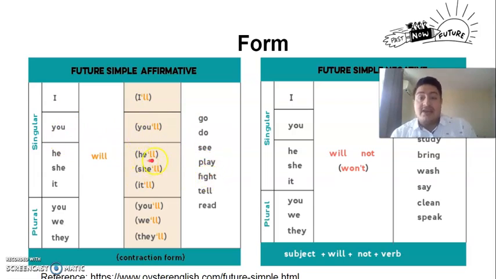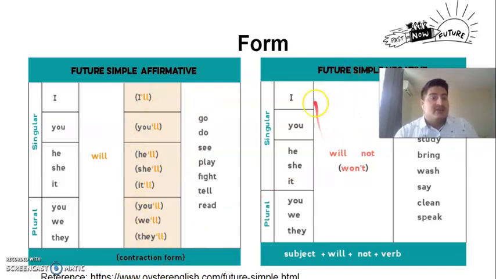So there you have he'll, she'll, it'll, you'll, we'll, they'll, and the base form, of course. The contraction form is more informal than the full form, which is more formal. Okay, and it is for spoken interaction.